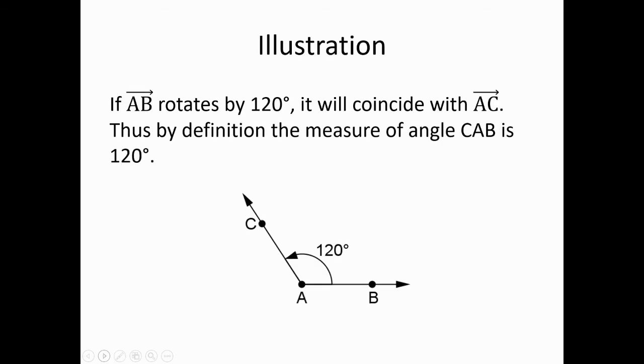It would be good here to have an illustration of that, so here it is. We have angle BAC. Let us imagine that we rotate side AB, the ray AB, with A fixed, until it coincides with AC, and as we do this, we sweep through 120 degrees. Then we say by definition that the measure of the angle is 120 degrees.